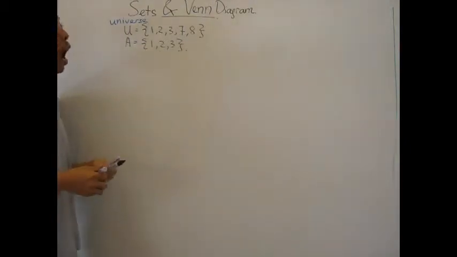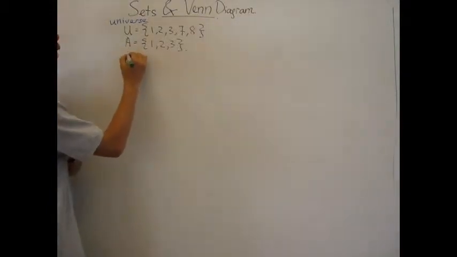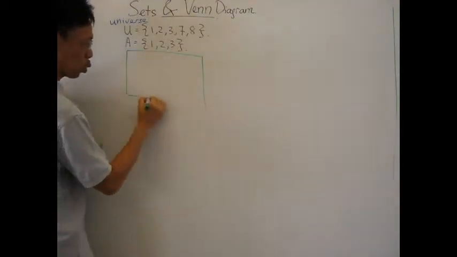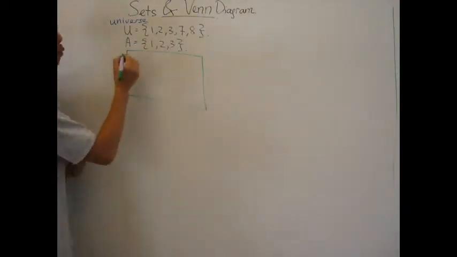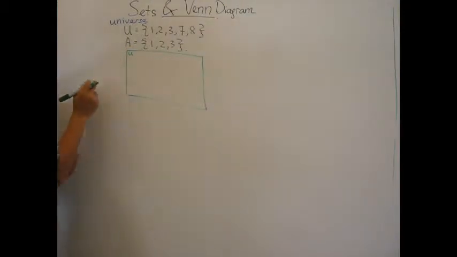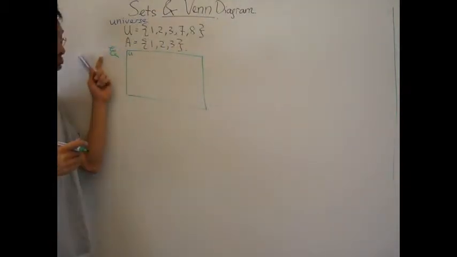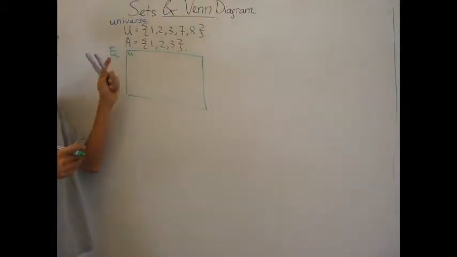So let's see how we can represent this using a diagram. Usually we draw the universe as a rectangular box, and we put U here, or sometimes this U is replaced by this funny curly E, to denote the universe.